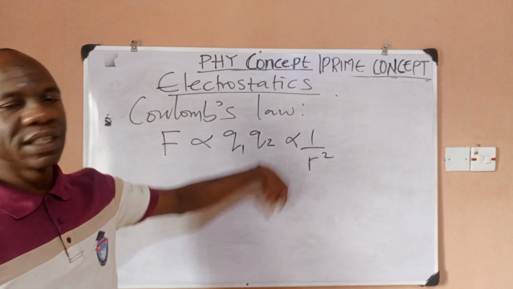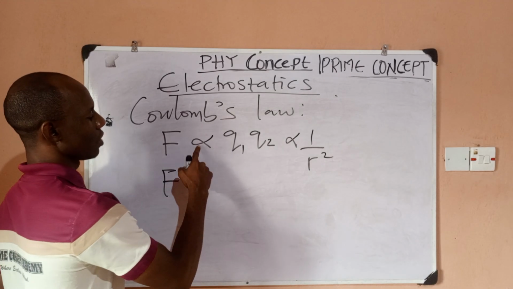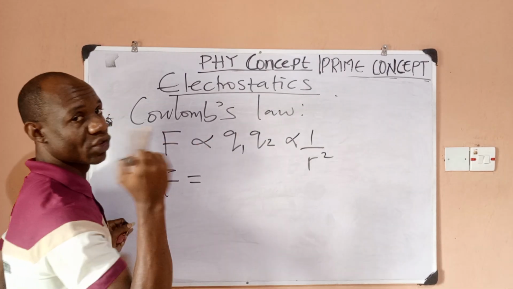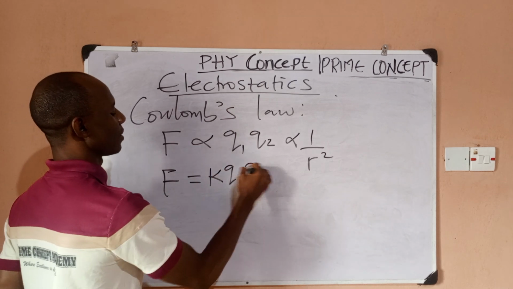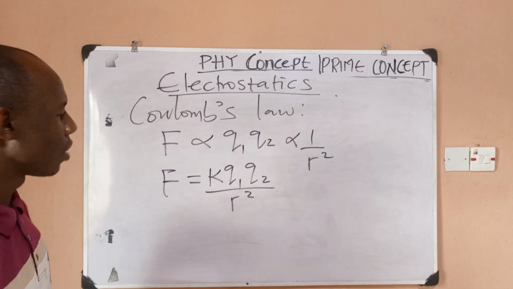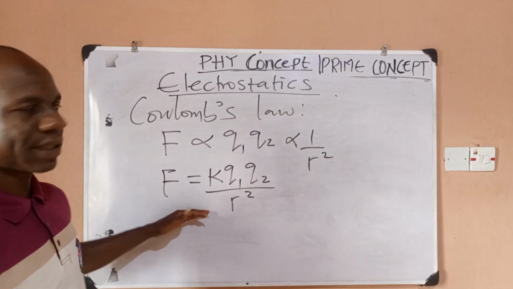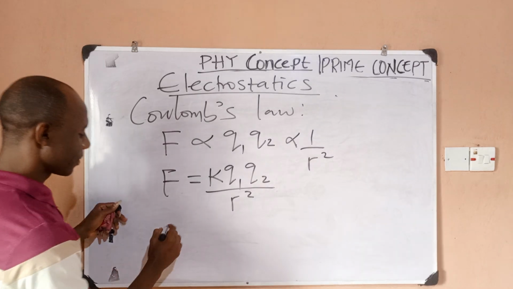If you put this together, when you remove the proportionality sign, you introduce a constant. So F is equal to K Q1 Q2 all over R squared. So this is Coulomb's law mathematically, where K is a constant, right?